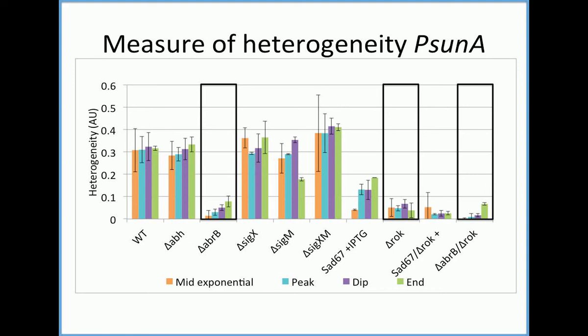But if you remove AbrB or Rok from the genome, you reduce the amount of heterogeneity. And the heterogeneity is being caused by this autoregulation on their own promoters. If you remove both AbrB and Rok from the genome, you reduce the heterogeneity of expression even more.